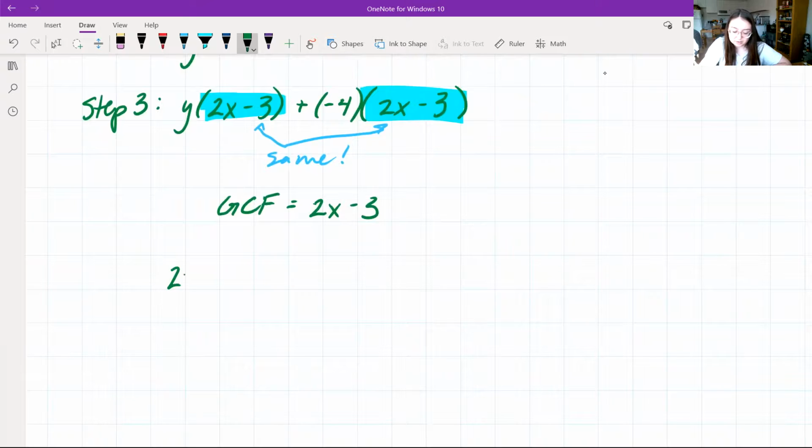So we can pull out 2x minus 3, and when we do, what we're left with is y plus -4, which is the same thing as saying y minus 4. And this would be the factorization of our polynomial.